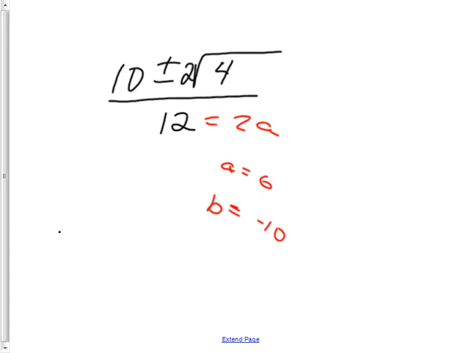Negative 10. Good. And if A is 6 and B is negative 10, then how do I do this? Wait a minute, there's a 2 out there. Figure it out, you can do this. It's not that hard. If there's a 2 out there, there must have been a bigger square root in the first place.